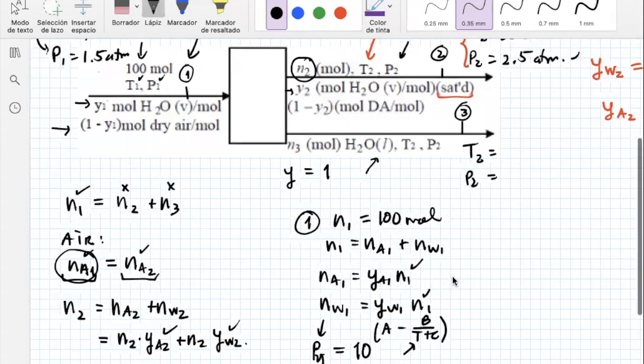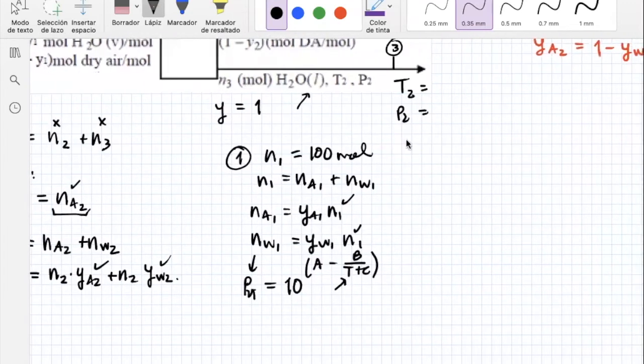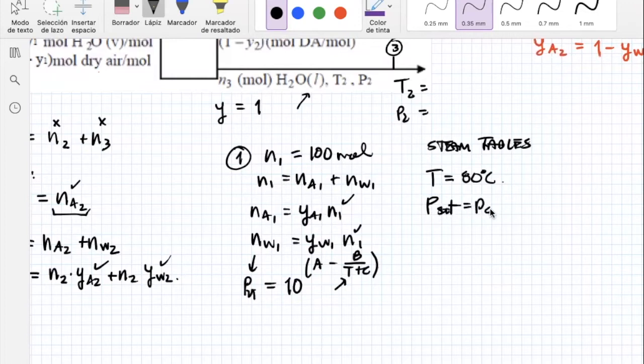And another way to do it is with steam tables, okay? So steam tables, if you know steam tables, they are very helpful when you have water, which is this case. So for steam tables, you know that your temperature is 80 degrees Celsius, and you're gonna get Psat. So this saturation pressure, which in psychrometry they put as PG, okay?